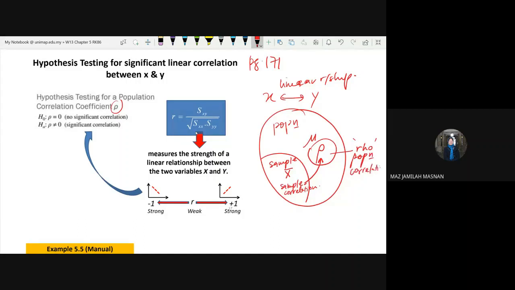That's why we are going to test. And the way we test, we are going to use this: rho equal to 0, rho not equal to 0, and we can clearly see this is what we call a two-tailed test. So we are going to look at how we can test this particular population correlation coefficient.